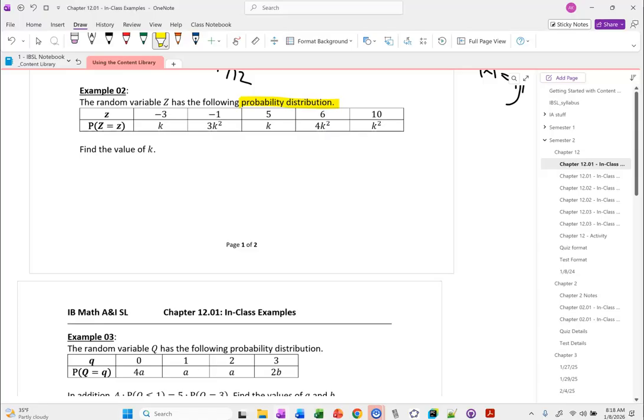Two properties. All the probabilities are between 0 and 1, and the sum of the probabilities is equal to 1. Which one of those is going to be the useful one to us? Do I want an inequality to solve for k, or an equation to solve for k? I want the equation, right? So I want that all the probabilities have to sum to 1.